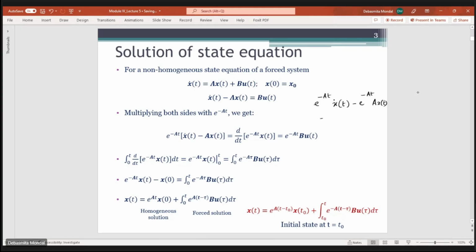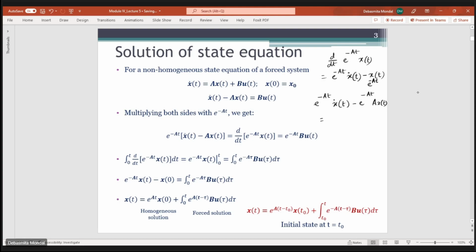This is nothing but, if you take the derivative of e to the power minus at of xt, in the first case you will have e to the power minus at times x dot t, then minus xt multiplied by a e to the power minus at.